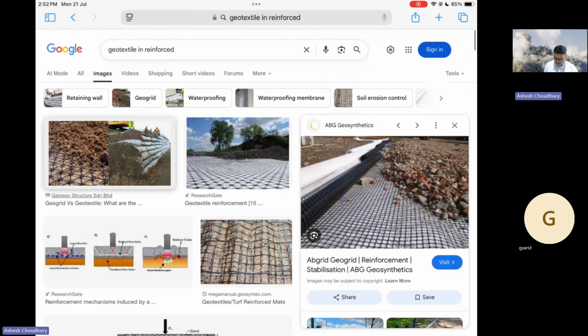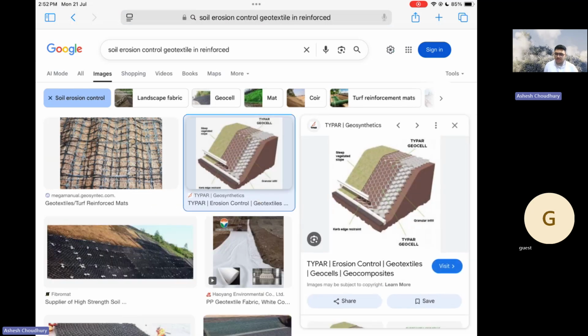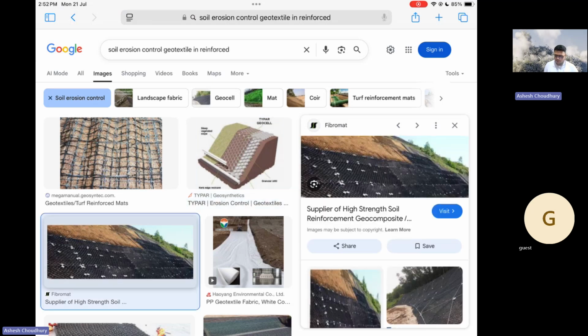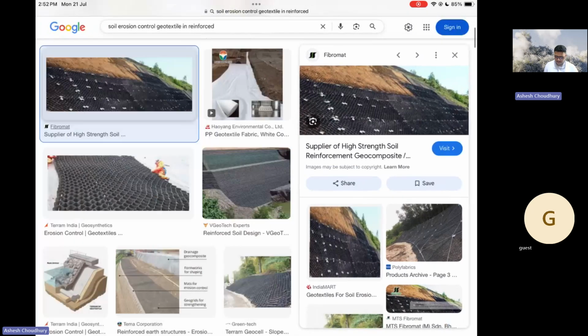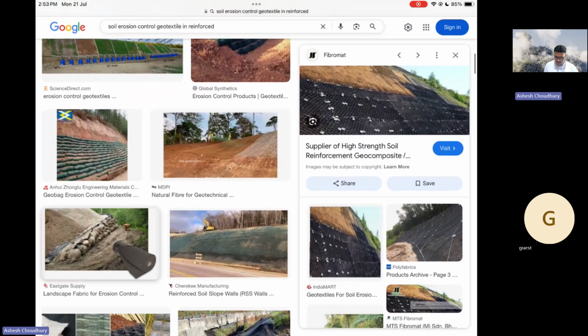For soil erosion control, here they are using geocells. You place the geocell and fill it with soil, and later vegetation grows up in it, so it looks very good also. Here too the slope is protected: geocells are placed and then filled with soil.